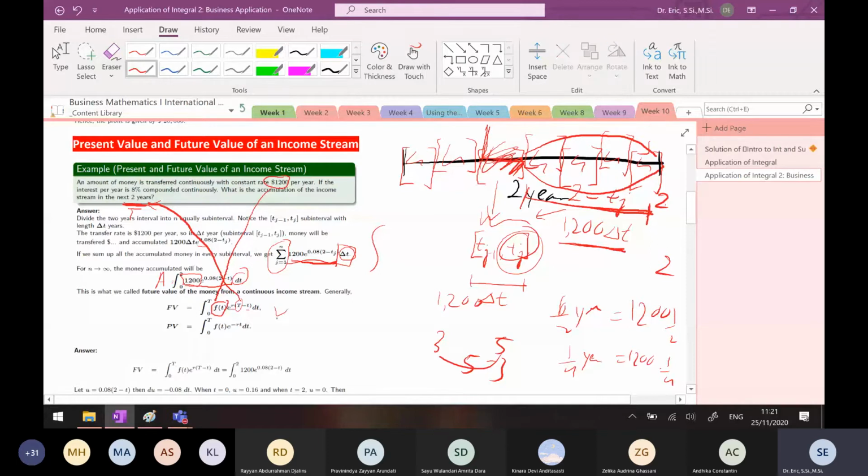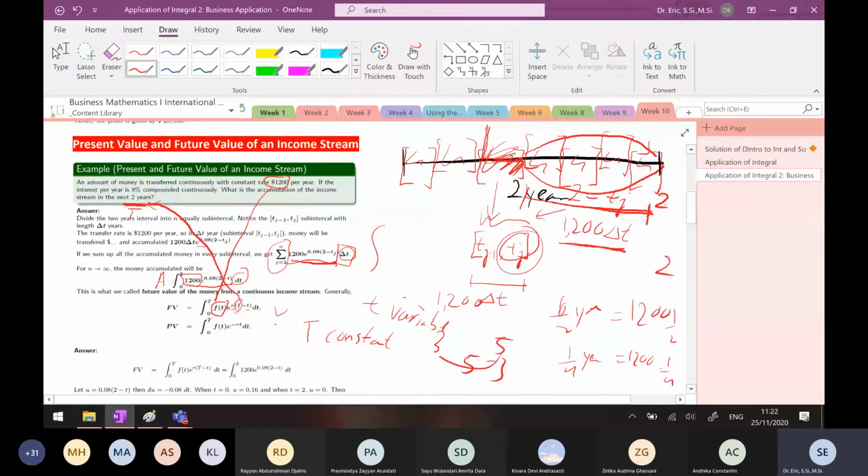Okay, so for the present value, I can do the same thing, but you can just memorize this. The present value is just the integral from 0 to T of f(t) e to the power of minus r t, without the T minus t part. Don't forget, capital T is constant and t is variable.